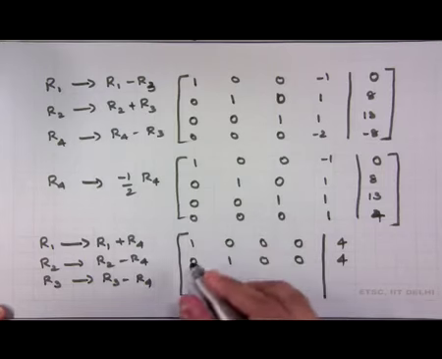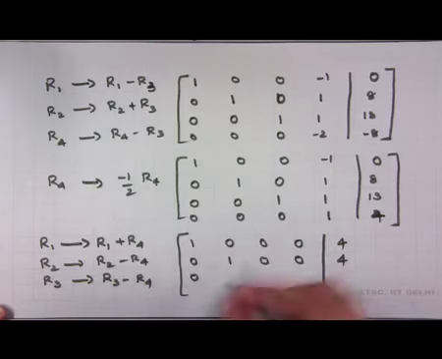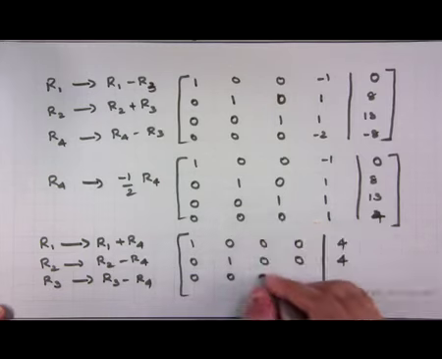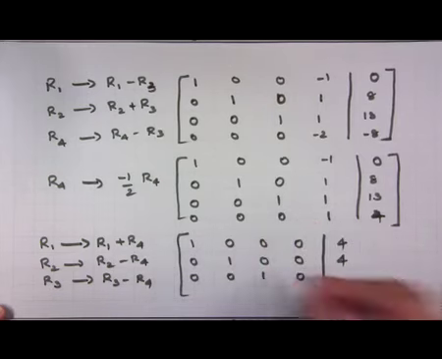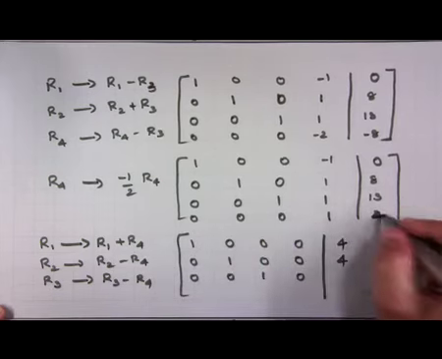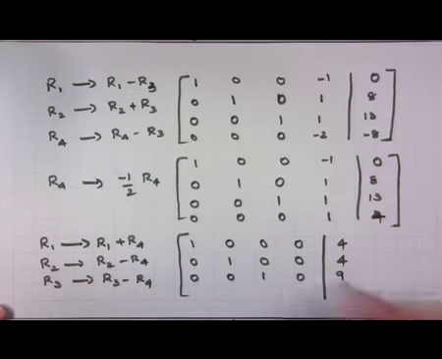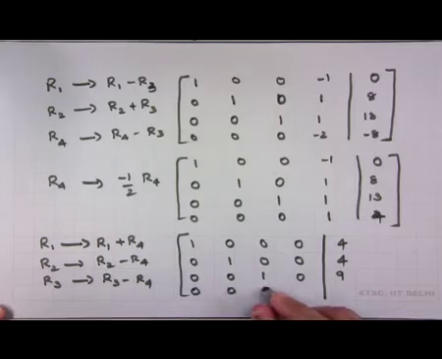Third, 0 minus 0 you have 0, 0 minus 0, 1 minus 0 is 1, 1 minus 1 you have 0, 13 minus 4 you have 9. The last row remains as it is, 0 0 0 1, and you have 4.